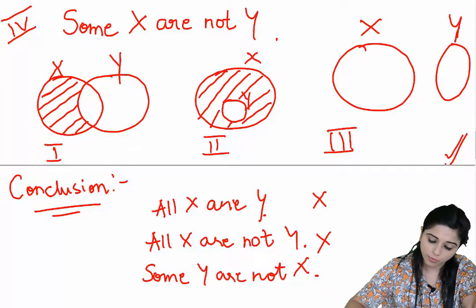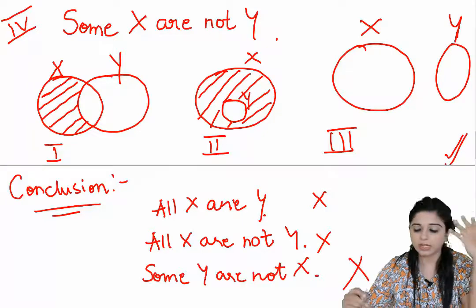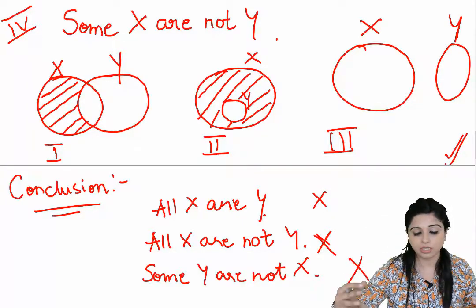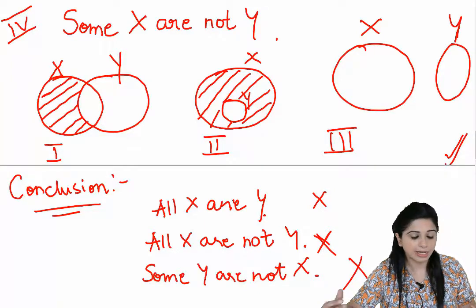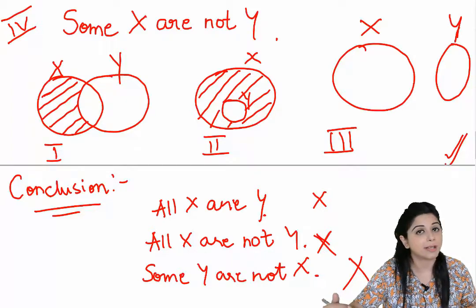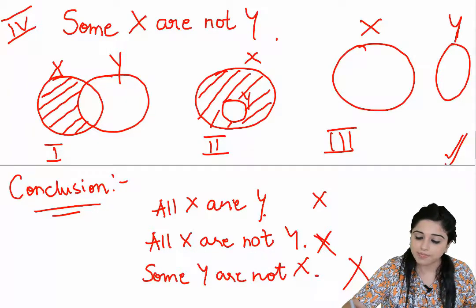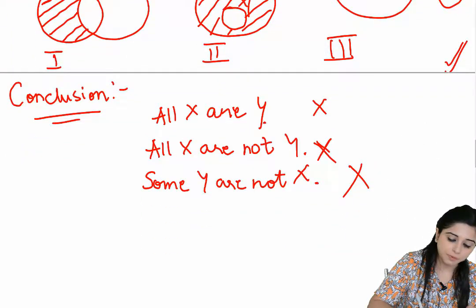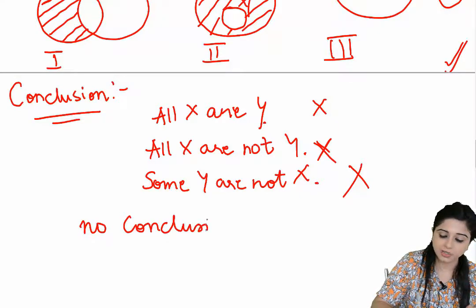No. Right? So I would want you to take a look at all the possible solutions that you can think for in this statement, but then you'd be able to find out that this particular statement, sum x are not y, has absolutely no possible solution. Therefore, no conclusion is going to be the answer over here.